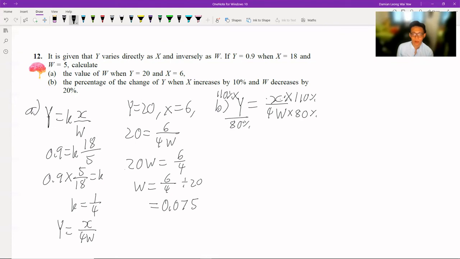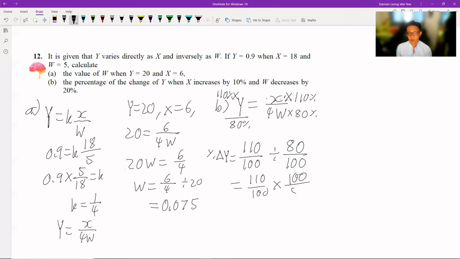So in other words, for the y value, I have to take 110% means 110 over 100, divided by 80%, 80 over 100. That's the percentage of change of y. Means 110 over 100 times 100 over 80. Divide by fraction is the same as times, flip the fraction around.